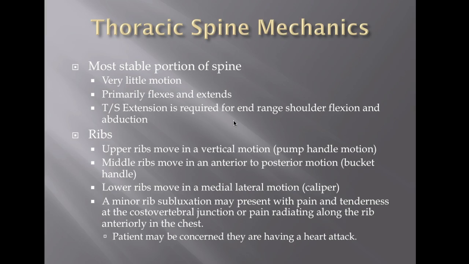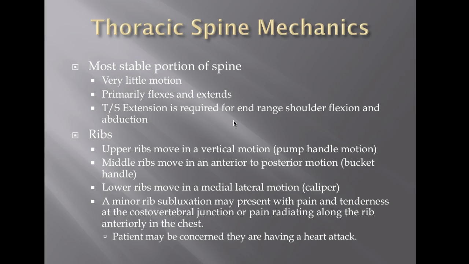The next thing we want to talk about is the ribs. The first 10 ribs articulate with the thoracic spine at the facet joint. The importance of this is that anytime you have athletes that are lifting weight, rotating, doing throwing movements, anything like that, it can put one of these ribs out of place from that facet joint.